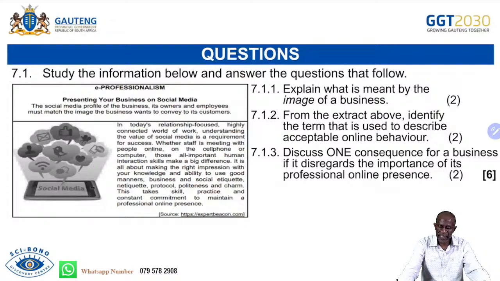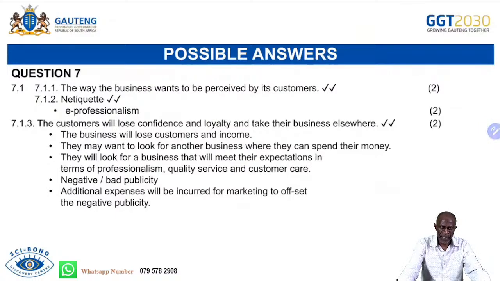And lastly, the last exam practice, it says to explain what is meant by the image of the business. 7.1.2, from the extract above, identify the term that is used to describe acceptable online behavior. 7.1.3, discuss one consequence for business if it disregards the importance of professional online behavior.